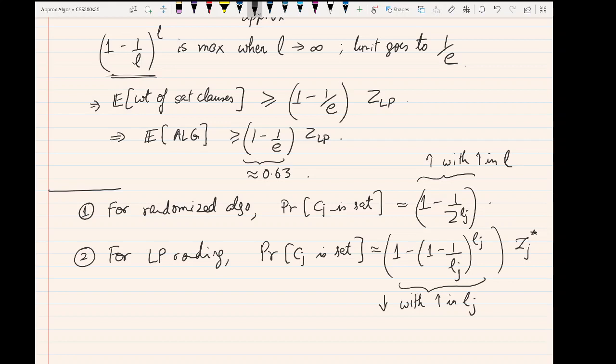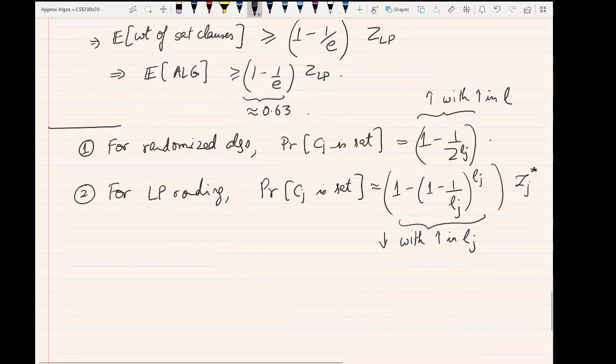So what this means is that our randomized algorithm does well when the clauses are large, and the LP based randomized rounding algorithm does well when the clauses are small. So what we should look to do is try to combine both of these algorithms in some way.